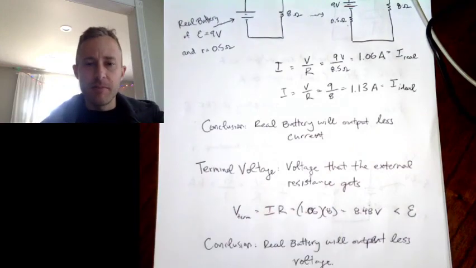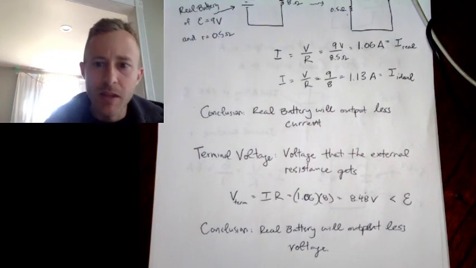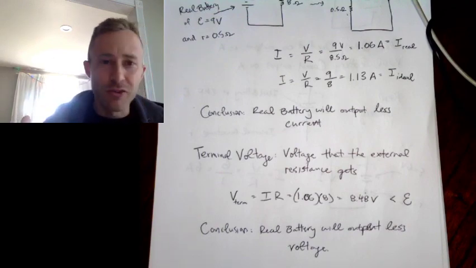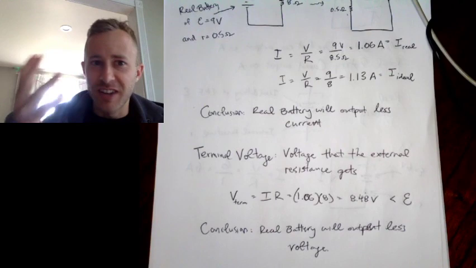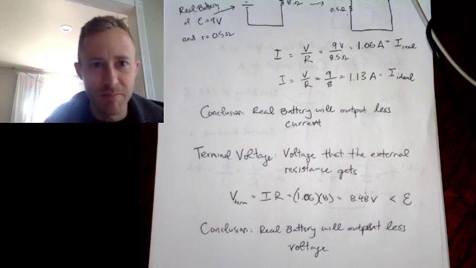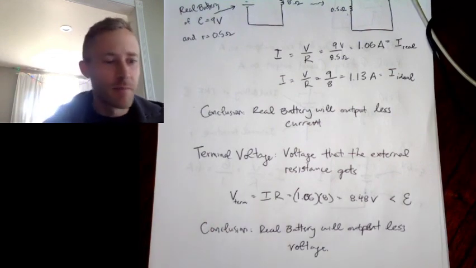So basically, a real battery is one that is not going to output as much voltage as you want it to, and it's not going to output as much current. Okay? So, it's kind of like real life is tough, all right? You're not going to get as much out of the battery as you would from an ideal battery.